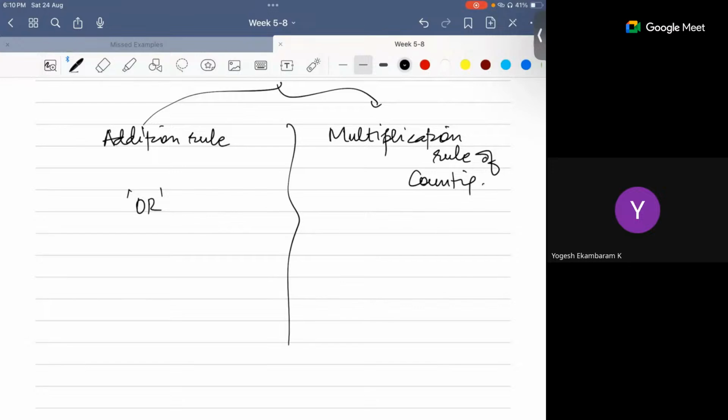And the other case is if action A can occur in N1 different ways. So this is for wherever you are given "and".